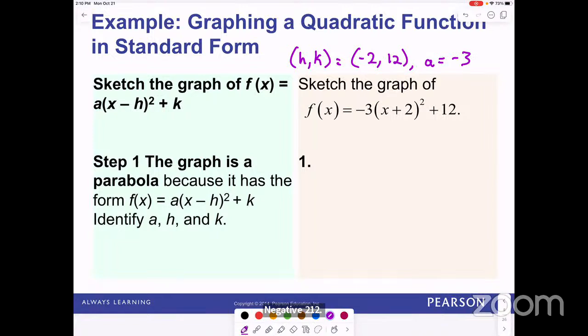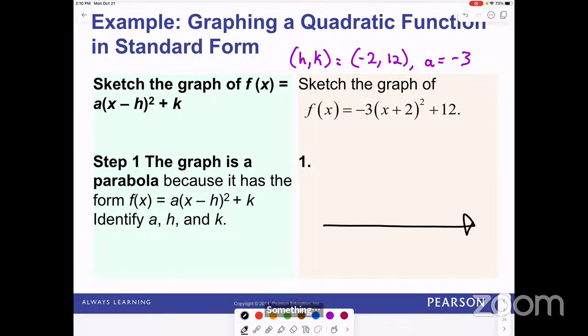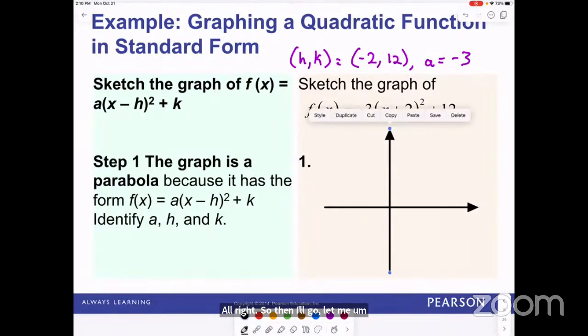So I'm going to draw my graph. I'm just going to do a rough sketch, something like that. Move this up just some. About there is good. Okay. So we said -2, 12.